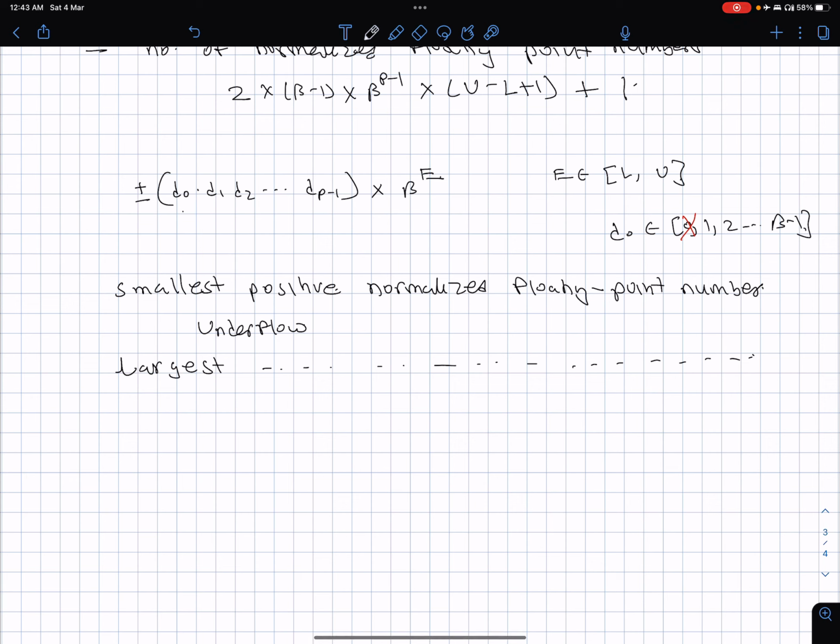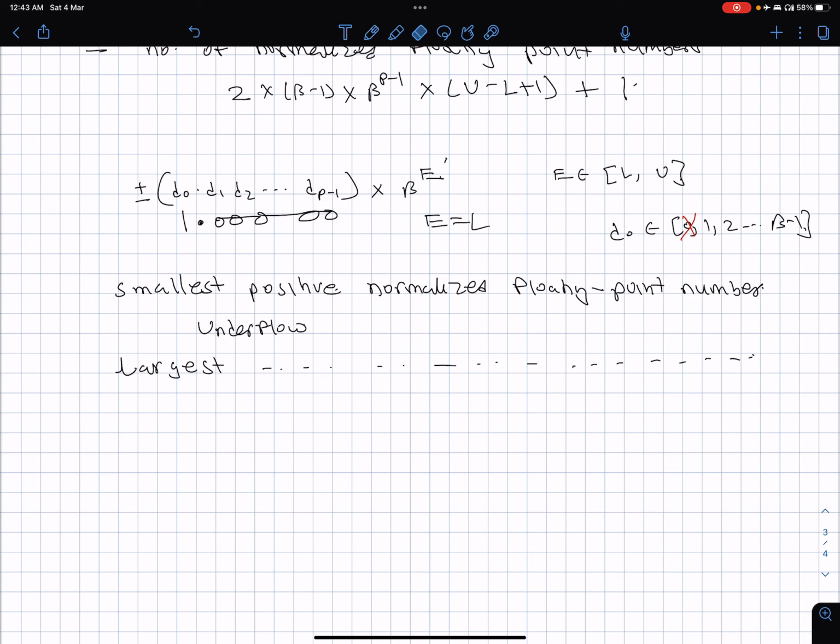It will correspond to 1. This has to be compulsorily 1 and everything else should be 0. And if you want to go to the smallest one, then the exponent should be set to the lowest value.